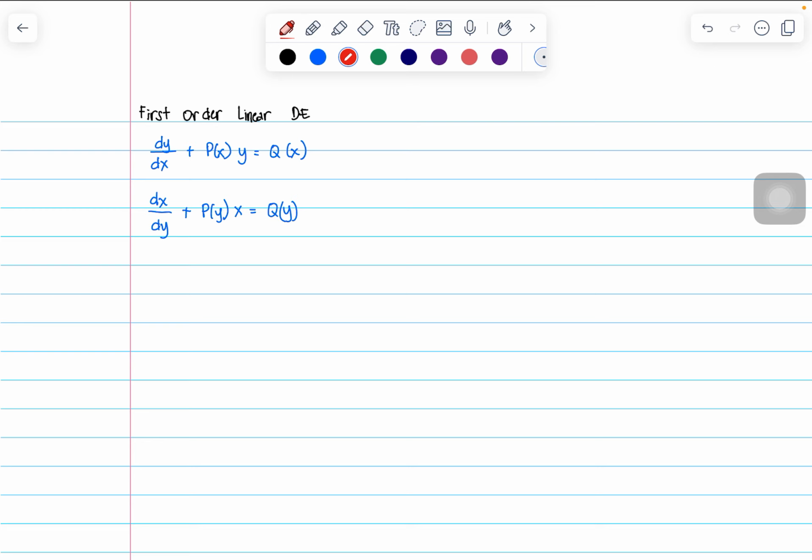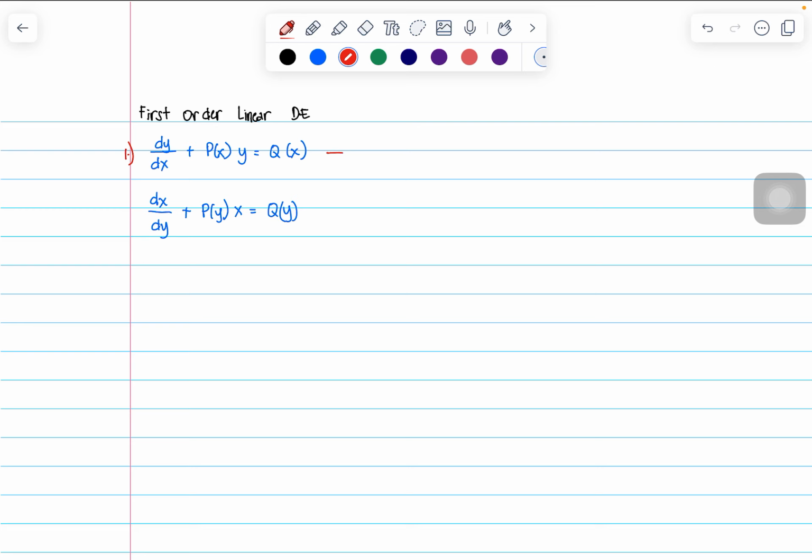So the first form of differential equation is dy over dx plus a function p in terms of x times y is equal to q of x, or another function in terms of x.